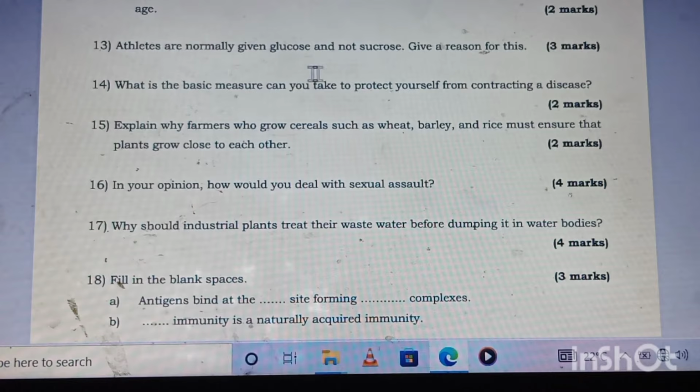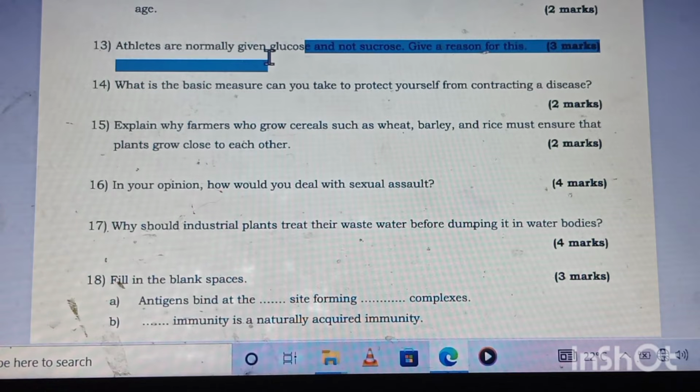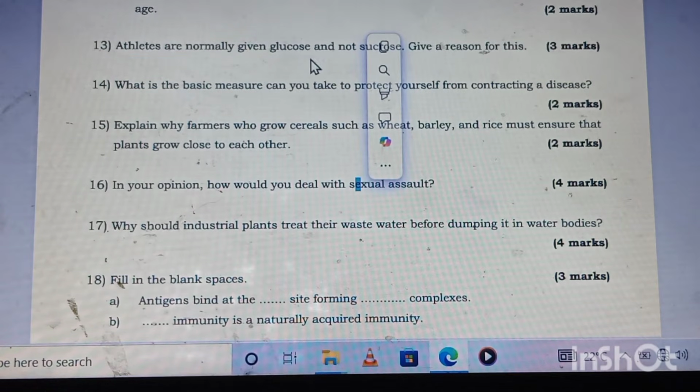Athletes are normally given glucose and not sucralose. Give the reason. The reason is that athletes need more energy, so they need simple sugar. That simple sugar is glucose, because it generates ATP directly without any digestion process. So we must choose glucose.